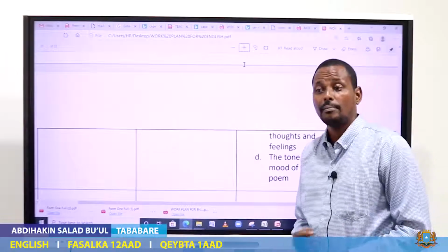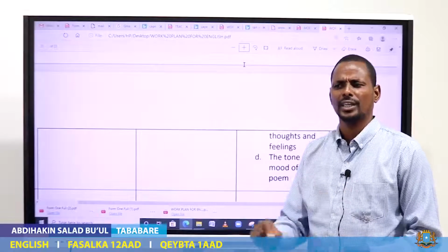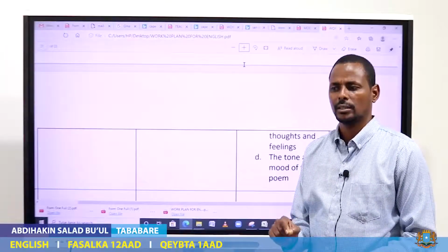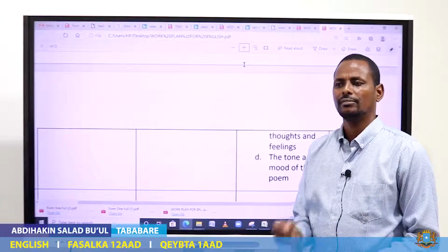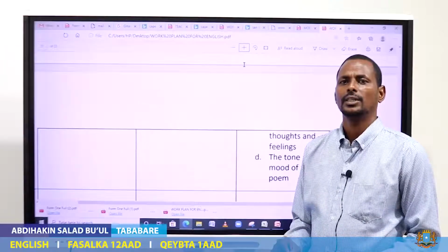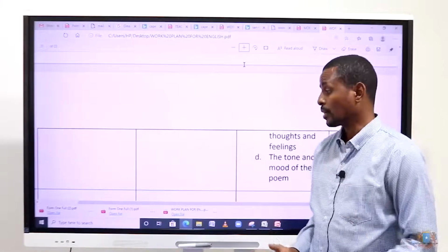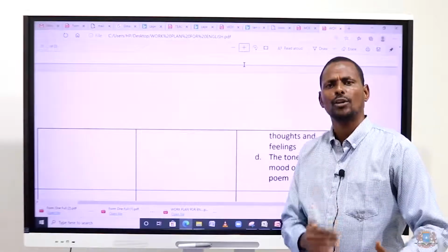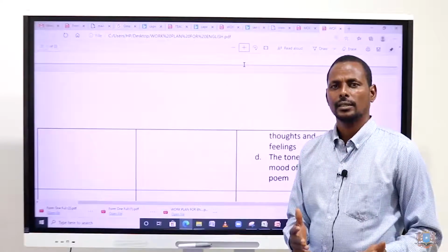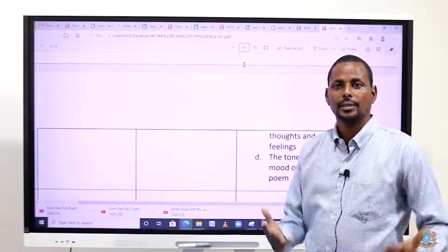For example, if a poet is writing about corruption and how it is ruining the economy of his country, how corruption is the enemy of development, definitely the feeling of the poem will be a sad one, disappointment. He's disappointed with the leaders, he's not happy. If he's writing of a good leader, a hero or heroine, and he's praising, the feeling will be opposite. It will be ecstatic, happy, and so on.